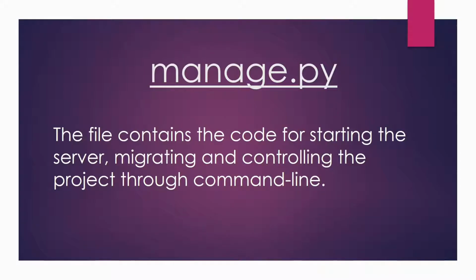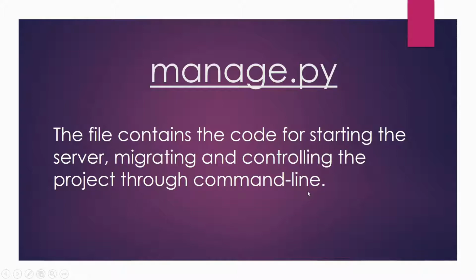So manage.py, I don't know why this file came first. Anyway, these are some of the Python files associated with Django. Basically this file contains the code for starting the server, migrating and controlling the project using the command line.